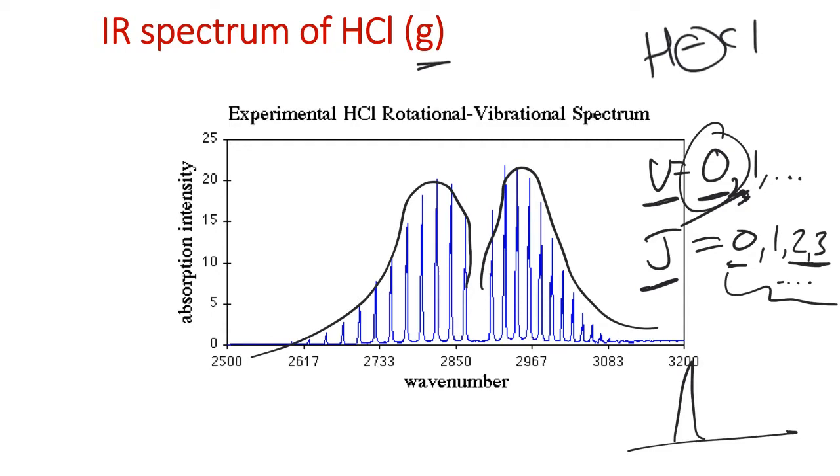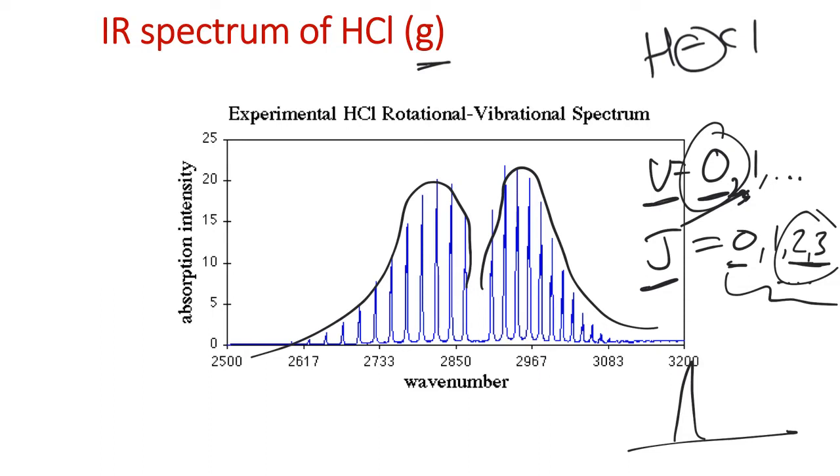So it might seem kind of fascinating at first that if you have a room temperature sample of a gas phase compound, the most occupied state turns out not to be V equals 0, J equals 0. V equals 0, J equals 0 is the most stable, it's the lowest energy state, but it turns out not to be the most occupied state. You'll see some higher J value here being the most occupied rotational energy level at room temperature.